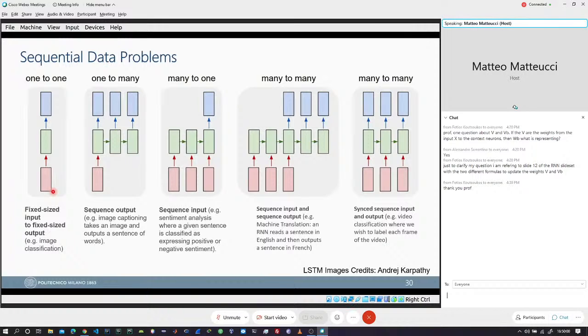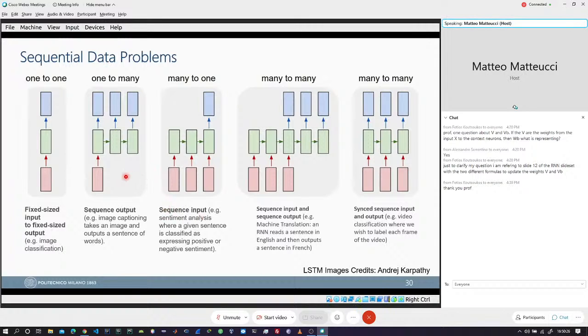This is the example, for instance, of the image classification that I was showing to you during the homework, because you get one image as an input, one class as an output, and then you have a hidden representation which is represented by the convolutional filters.